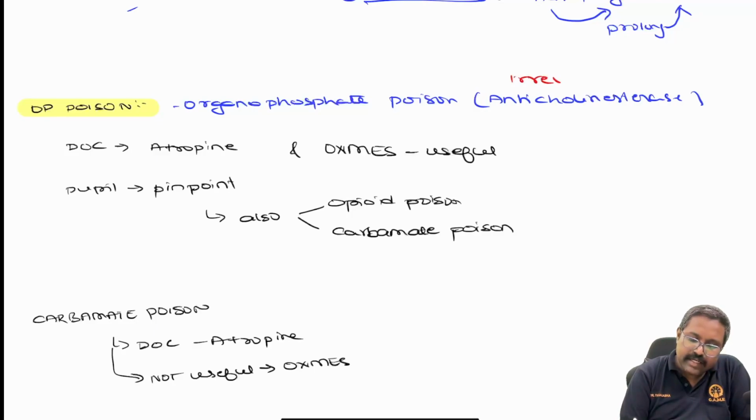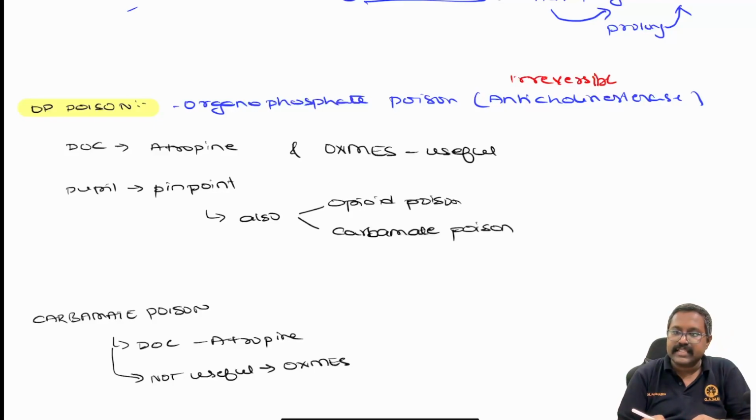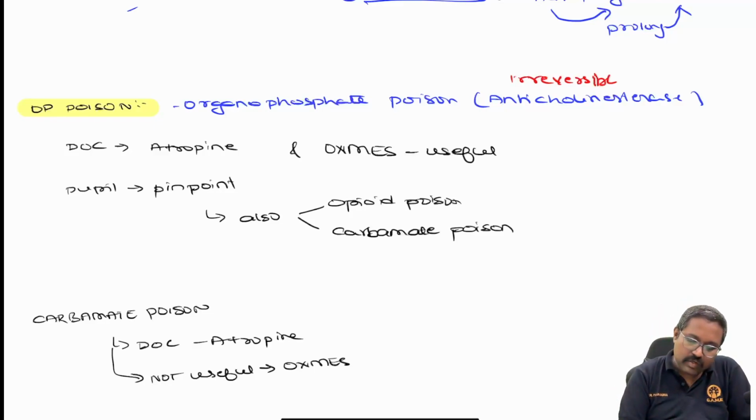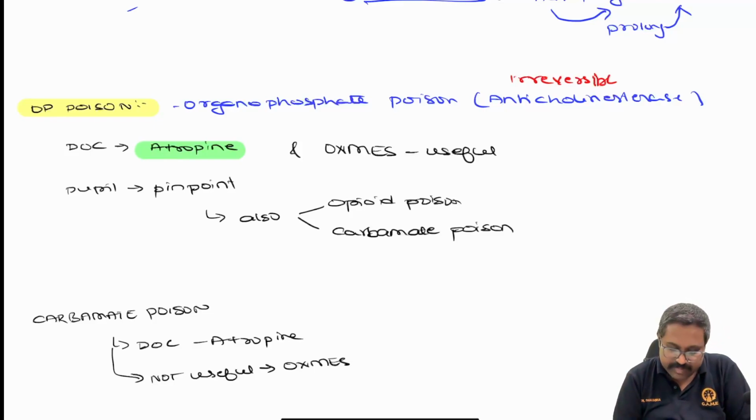It is an irreversible anticholinesterase. So what will be the drug of choice for OP compound poisoning? Very frequently asked. Please remember, the drug of choice is atropine, which is an anticholinergic agent which predominantly blocks the M3 receptors.